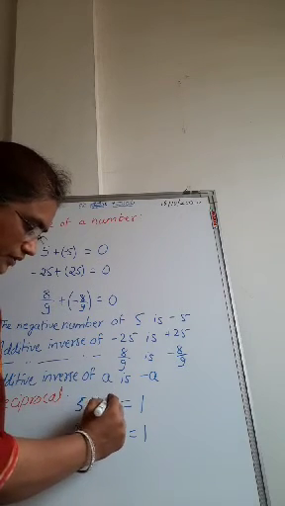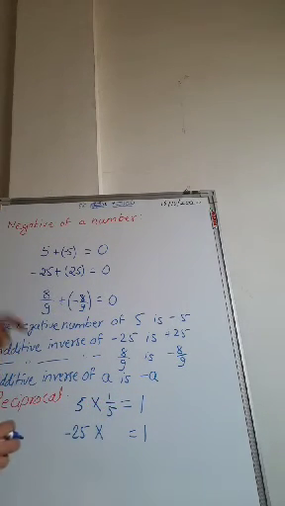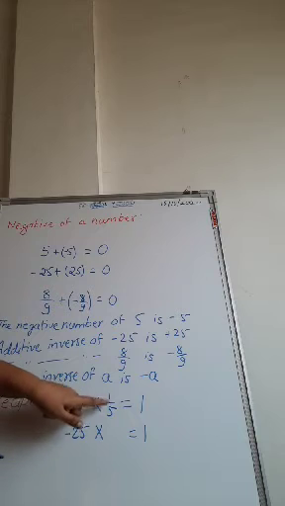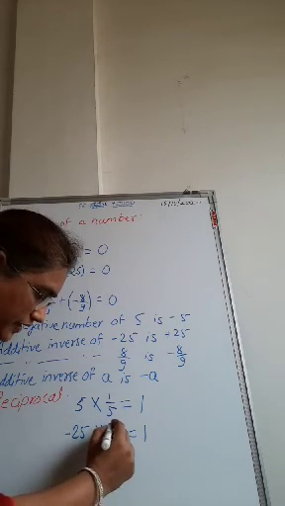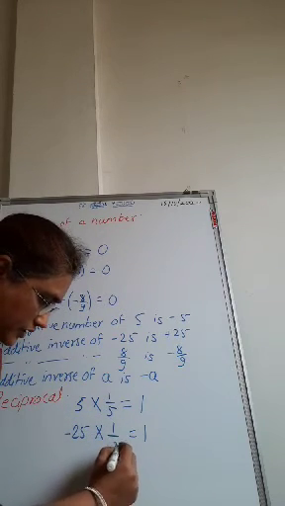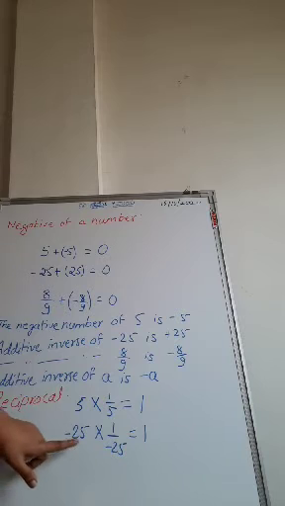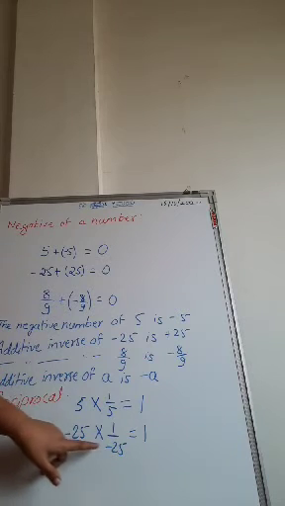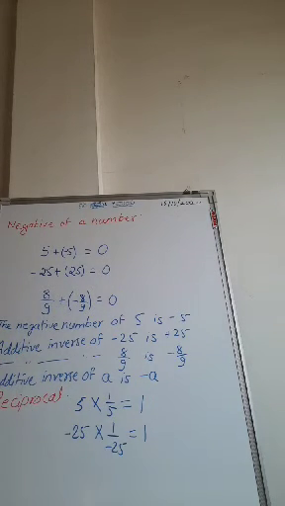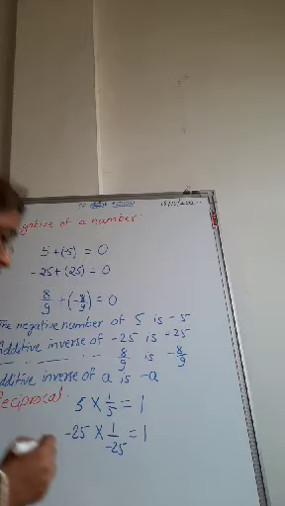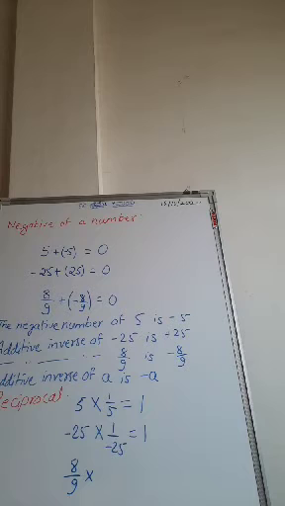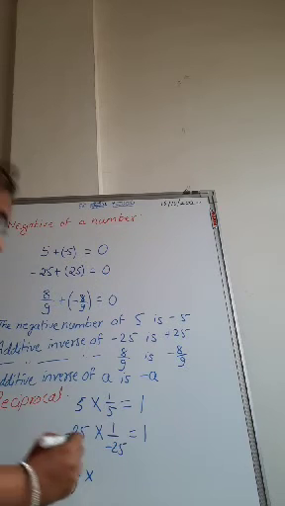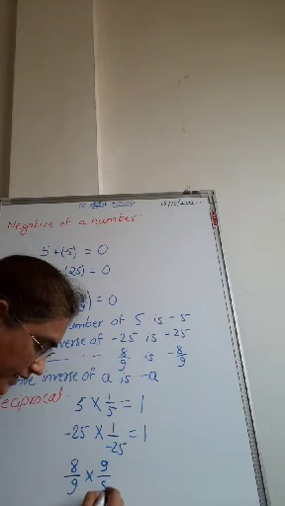I will show you, 1 by 5. So when 5 is multiplied by 1 by 5, the 5s get cancelled, and the result is 1. For minus 25, 1 divided by minus 25 is there. Then if we multiply, these two get cancelled, and we get the result 1. Now for 8 by 9, what should be multiplied is 9 by 8.